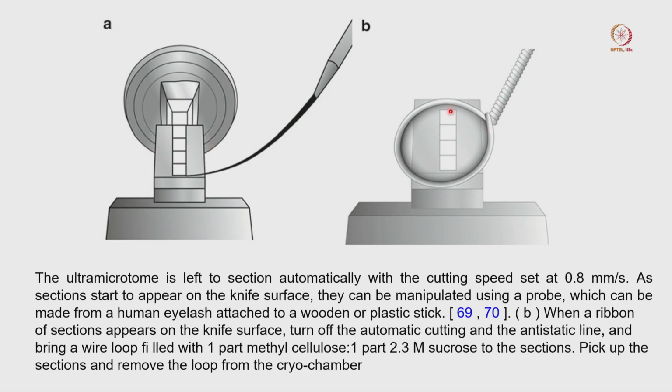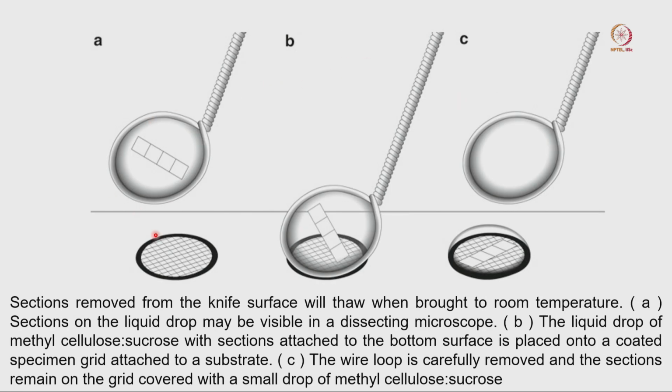Using that loop, we gently pick up the section and place it on top of the grid. This is the loop we use to pick up the sample and place the entire section with the solution on top of the grid.